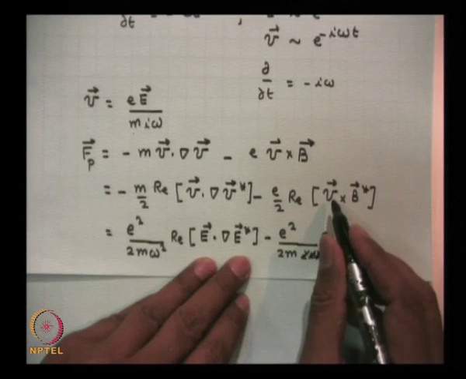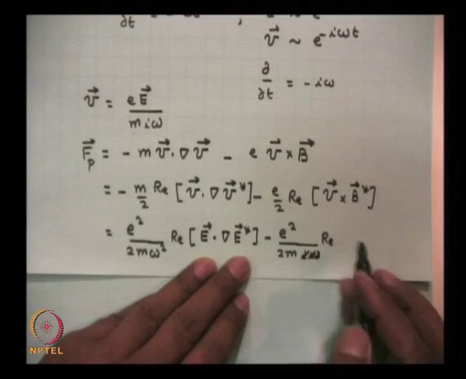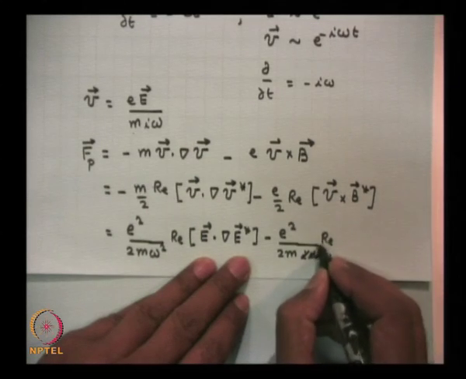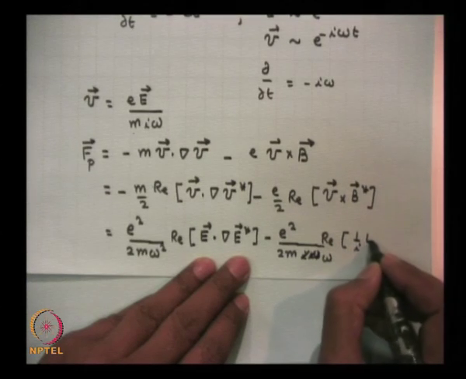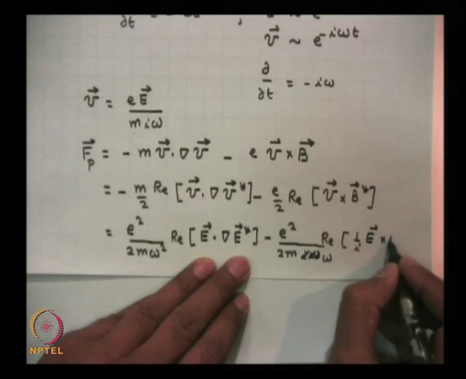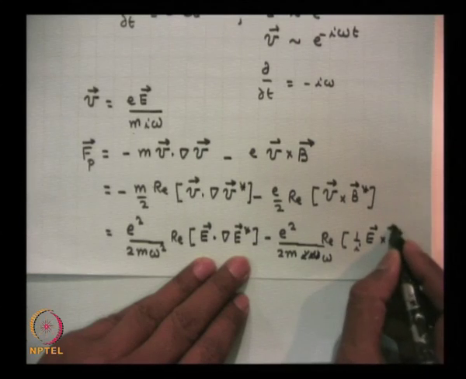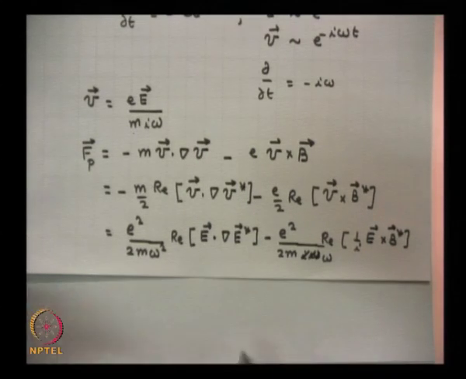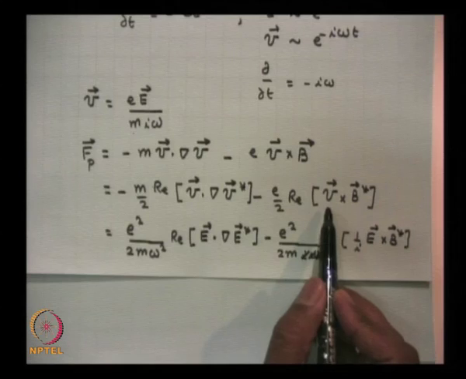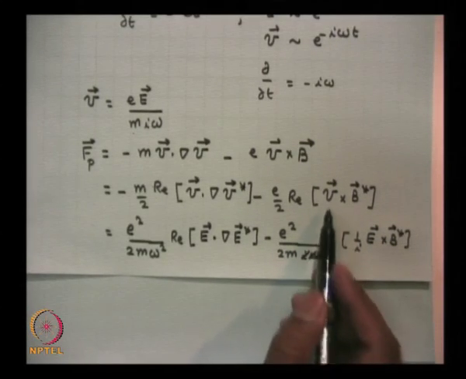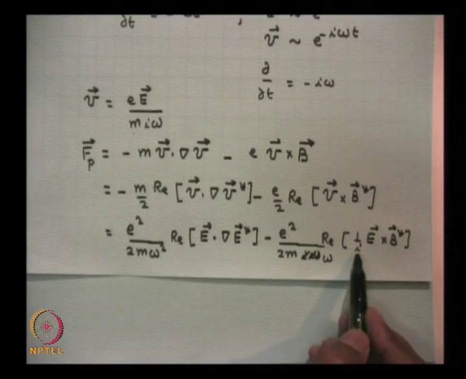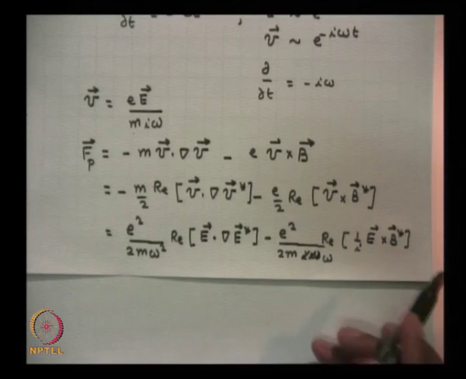So, this becomes e squared upon 2mω outside, and this becomes 1 upon i into E cross B star. So, I just substituted the value of v from this expression in here and taken the constant terms outside, imaginary term I should keep inside. This is what you get.